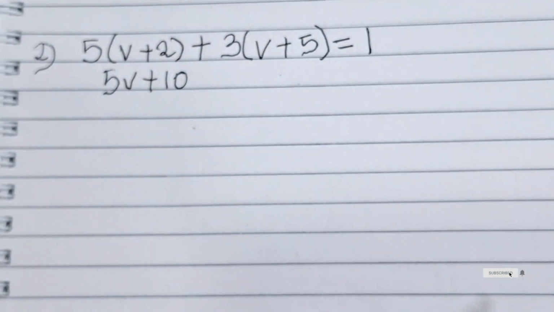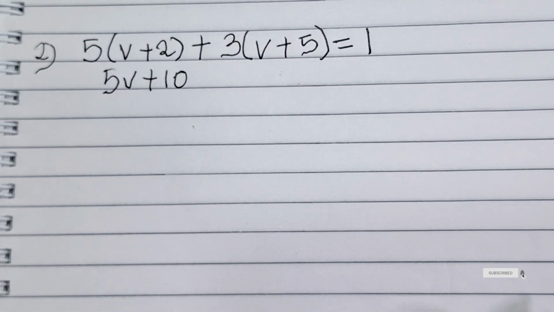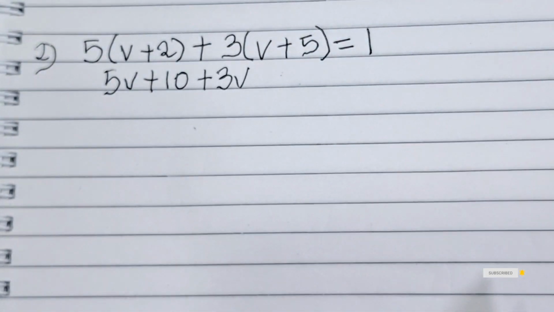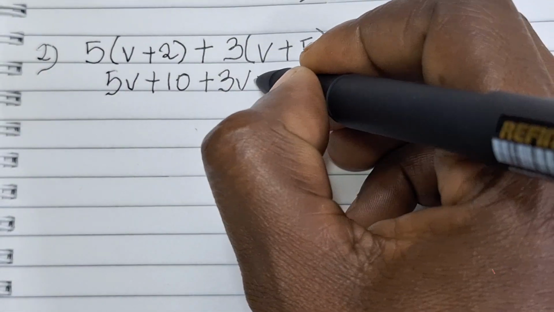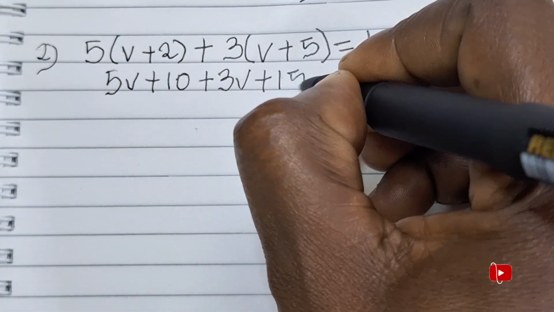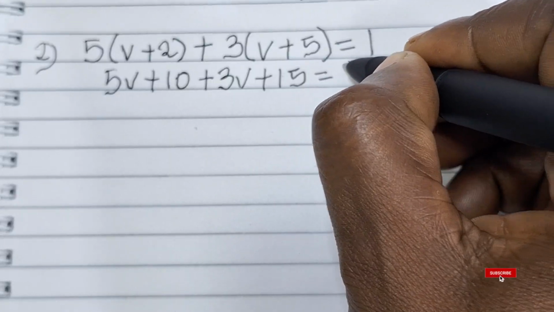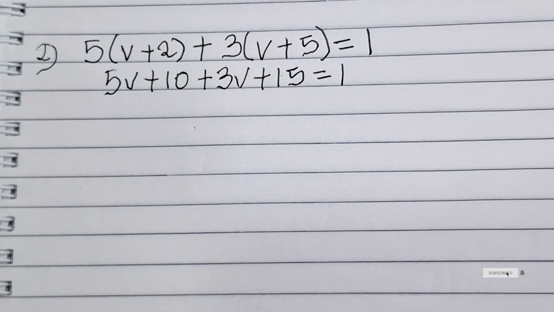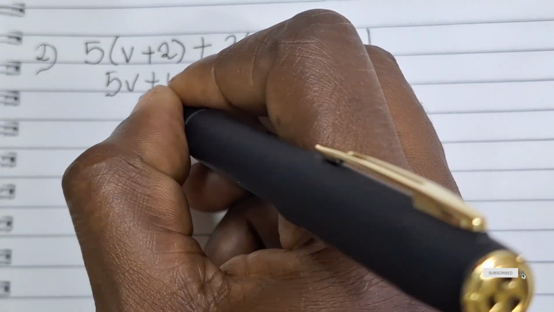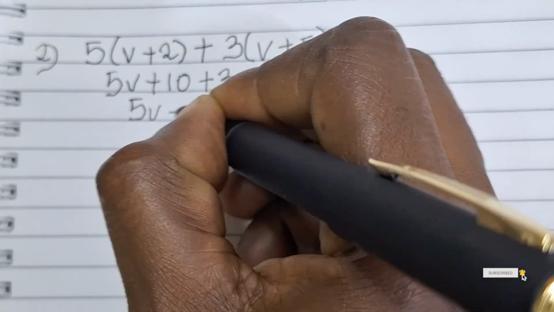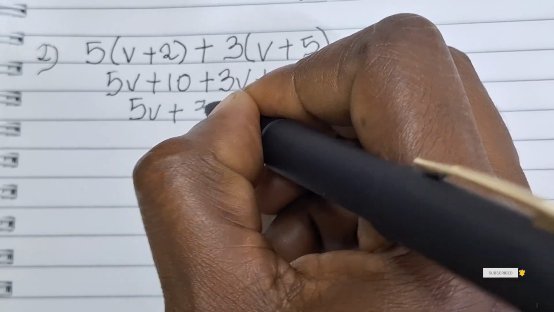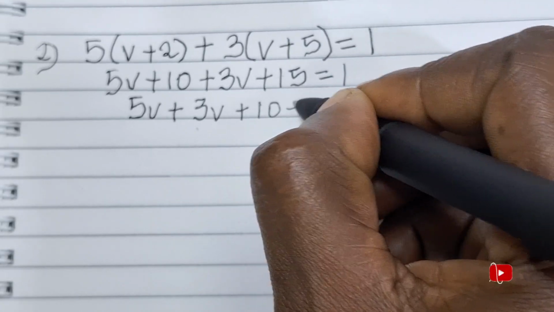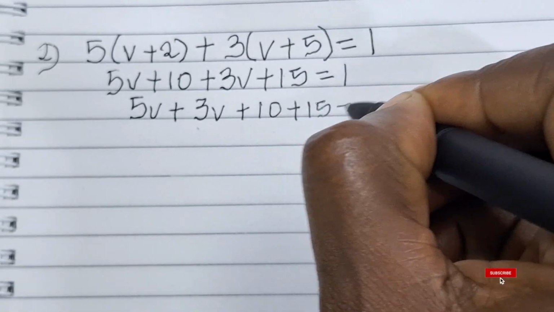That bracket has been opened. Plus 3 times v is plus 3v. 3 times 5 is 15. They are both positive, so it's positive 15 equal to 1. Now, we collect like terms. 5v and 3v are like terms, so I have 5v plus 3v plus 10 plus 15 is equal to 1.